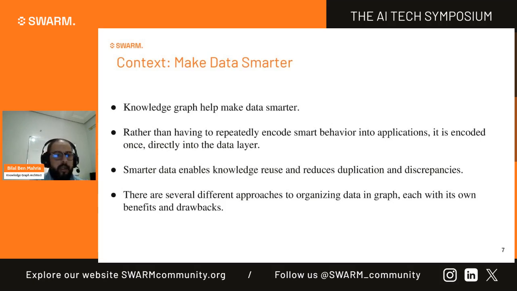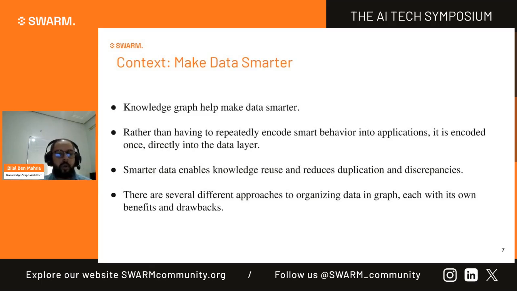So in fact, knowledge graphs, the first thing that people need to know is the following: the knowledge graph is something that we can use in order to make our data smarter. Rather than repeatedly encoding smart behavior into applications in the logical layers, now we can encode the logical layer in the data itself.